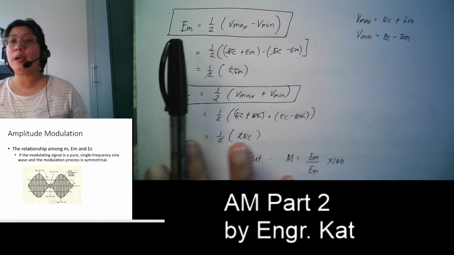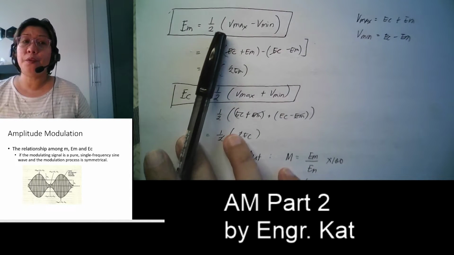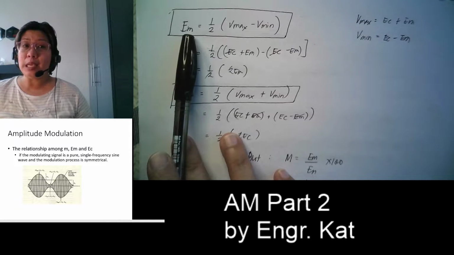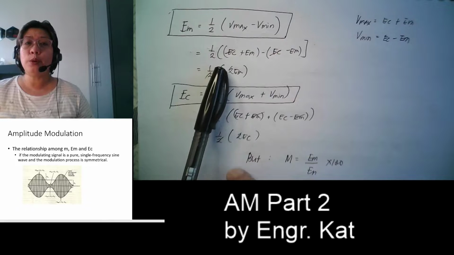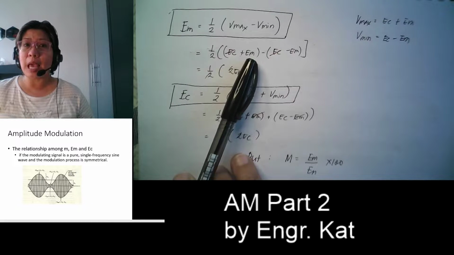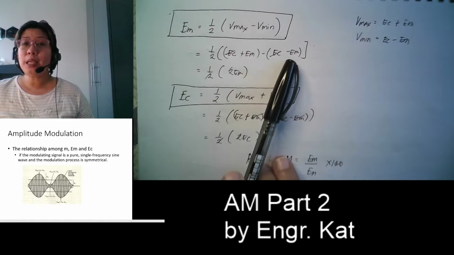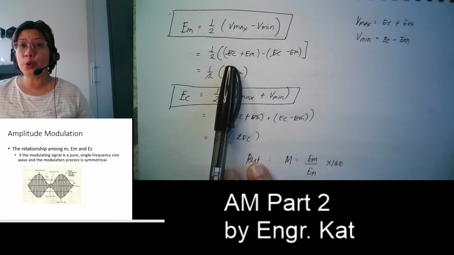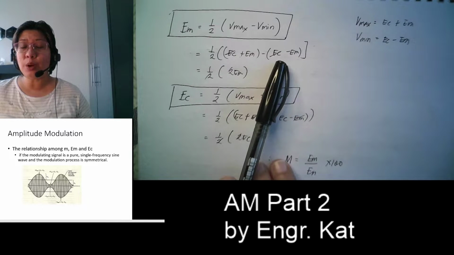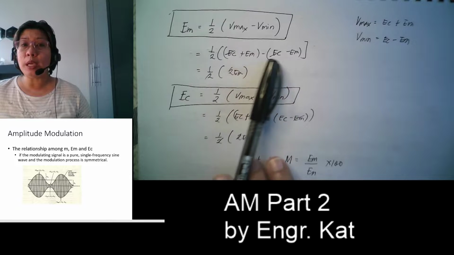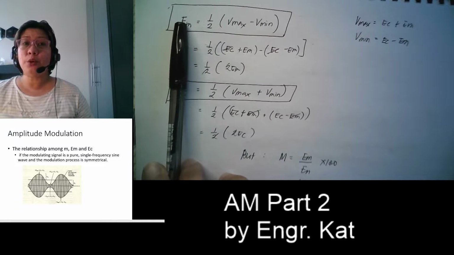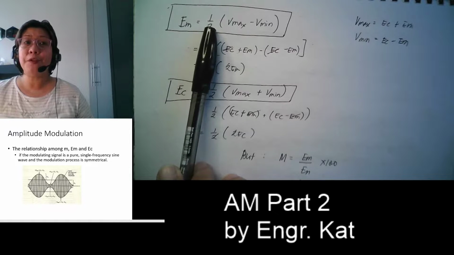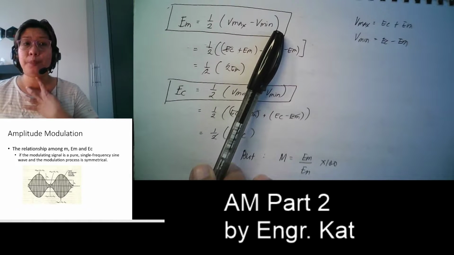So that will give us, in terms of Vmin and Vmax, EM equal to 1/2 of Vmax minus Vmin. Vmax is EC plus EM, minus EC minus EM. Your EC will be cancelled out, then we have 2 EM. So the 2 will be cancelled out, leaving us with EM equivalent to 1/2 of Vmax minus Vmin.